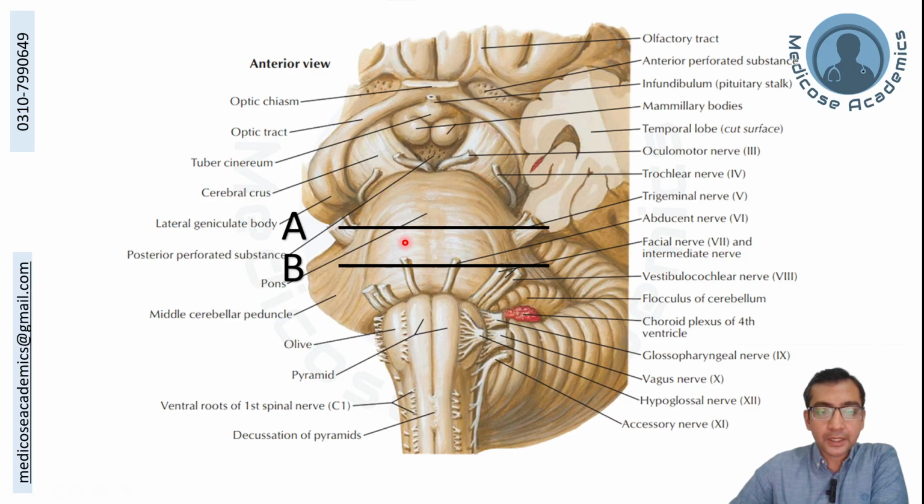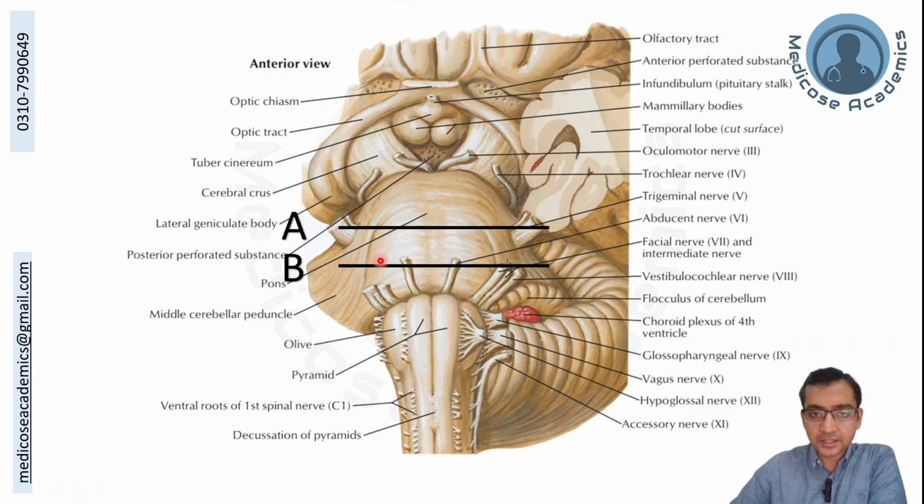Okay, and here for the cross-sectional anatomy we are going to have two cross sections. One cross section is at the level where cranial nerve number 5, the trigeminal nerve, is exiting, and here the main trigeminal nuclei are present. So our first cross section will be at the level of the trigeminal nuclei, and our second cross section will be at the level of facial colliculus where abducens and facial nuclei are present.